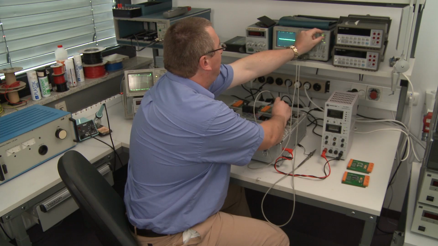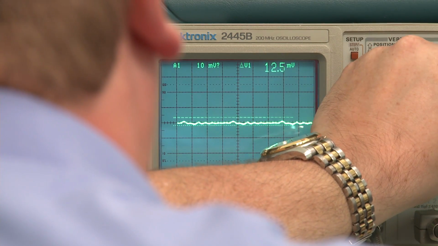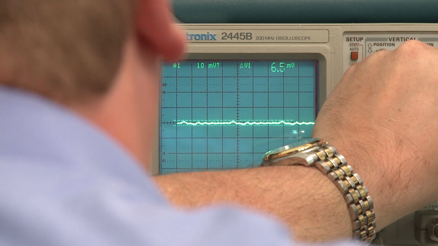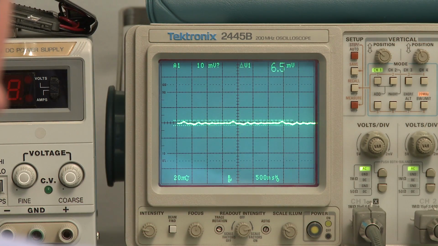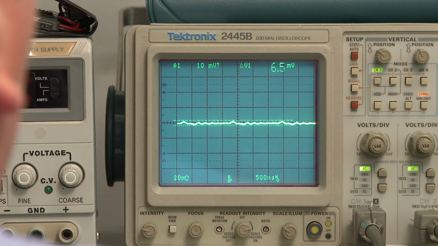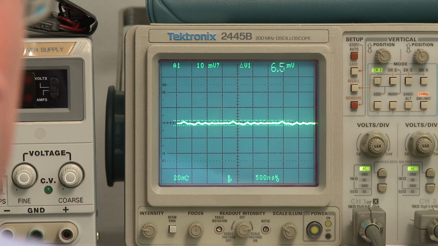And you can see again the effect on the scope. It's very hard to measure now because it's so small. It's far below 10 millivolt.